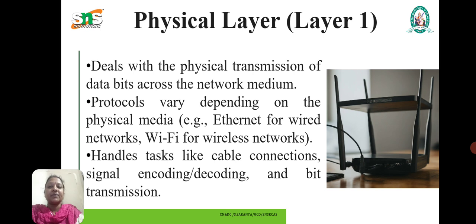The specific protocols used at this layer depend on the type of physical media employed. For example, wired networks often use the Ethernet protocol, but wireless networks often use the Wi-Fi protocol. The physical layer ensures the reliable transmission of data bits across the physical network interface.